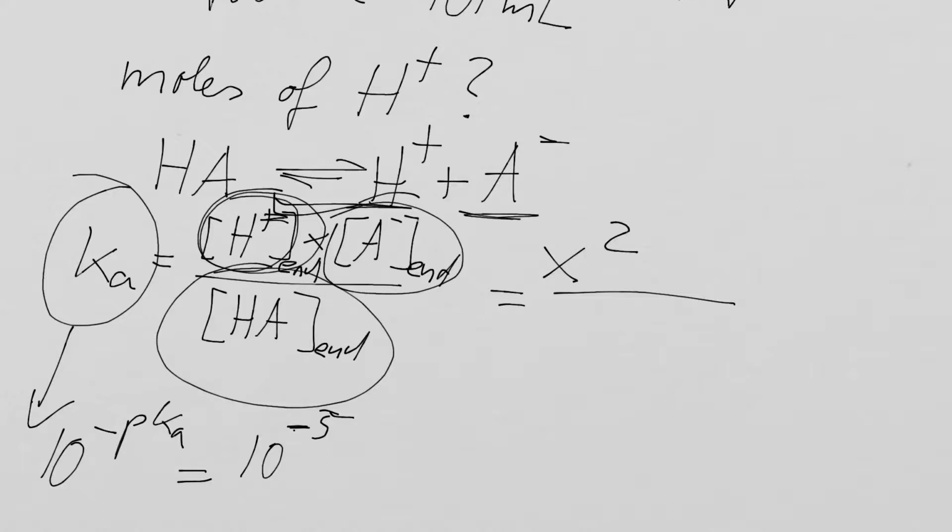And what is this part that has dissociated? That's X. So we have HA start minus X. That is our end concentration.